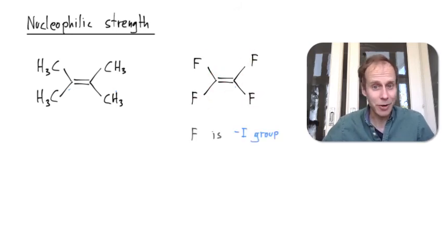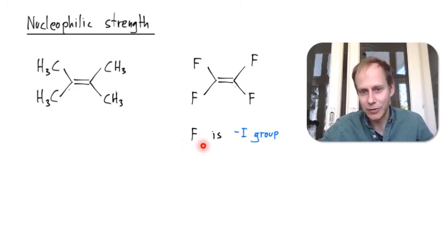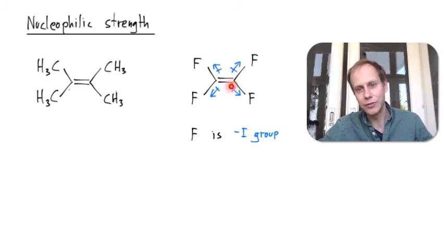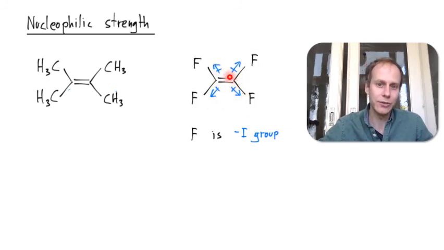So you can probably remember that fluorine is more electronegative than carbon, and therefore it is a so-called -I group, a negative inductive effect that occurs. What that practically means is the high electron density in the double bond region here is drawn towards the fluorines, and that causes this region to be less electron dense.